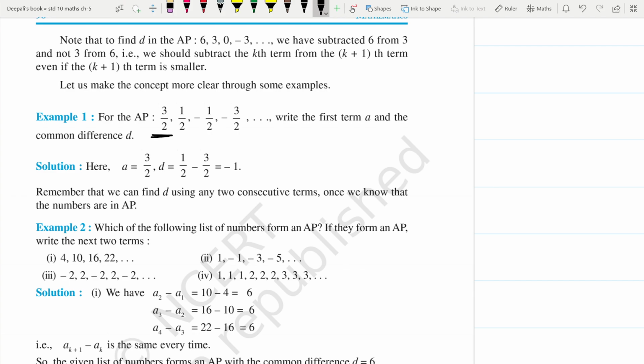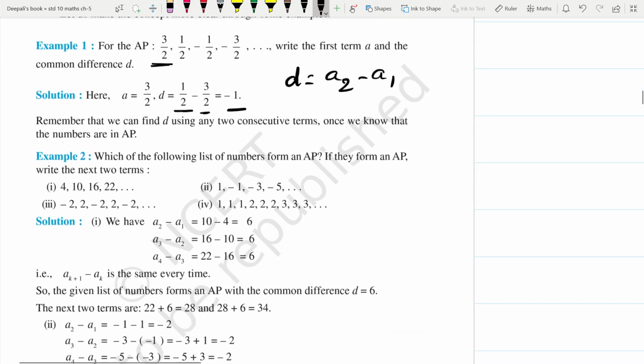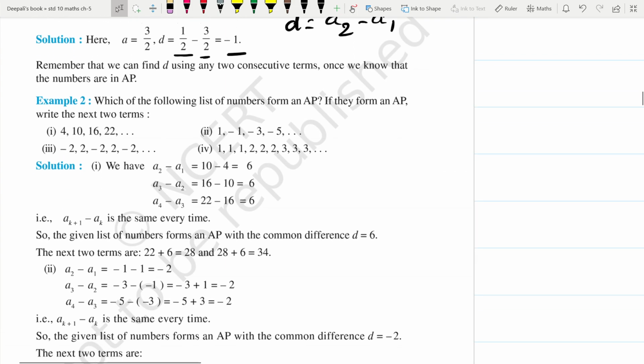Common difference is A2 minus A1, which is equal to 1 by 2 minus 3 by 2, that is minus 1. Now, remember that we can find D using any two consecutive numbers in the AP.